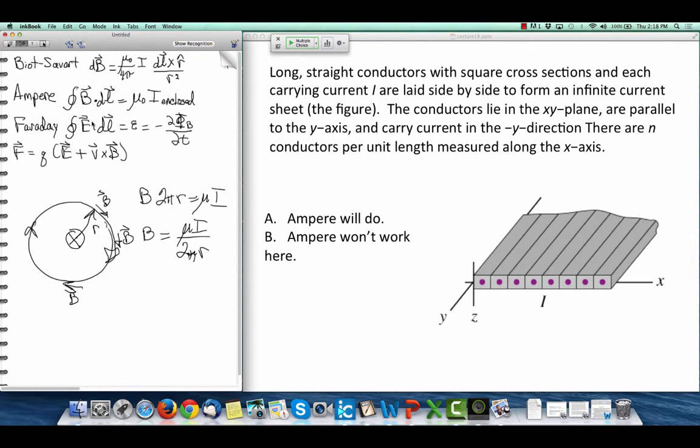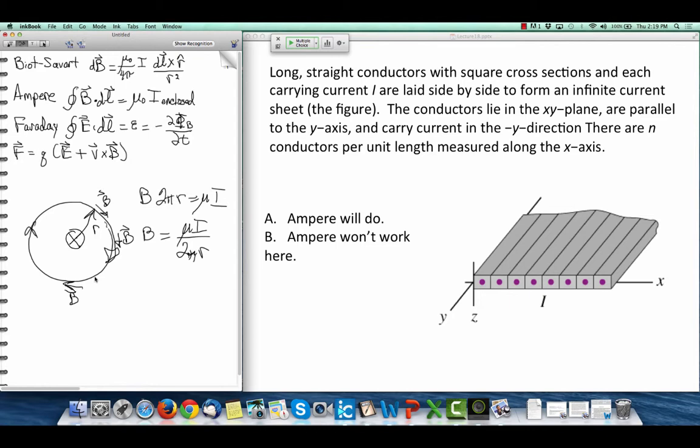So to make this easy to do, what you need to do is find a magnetic field that is equal at all points on the loop, same magnitude, and is either parallel, tangent to the loop, so B dot dl is just B times dl, or perpendicular, so B dot dl is 0. Having an angle that changes just complicates the integration.